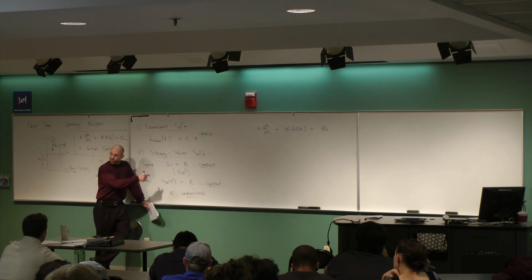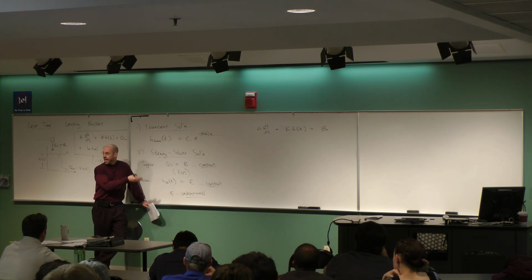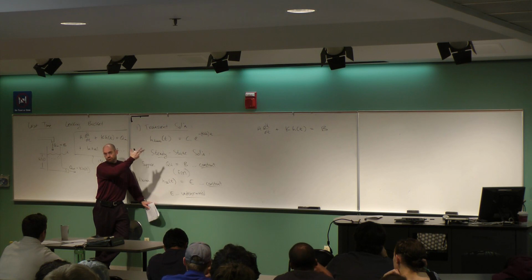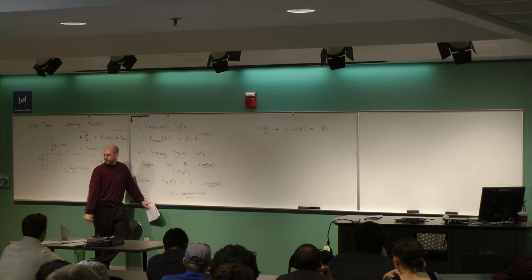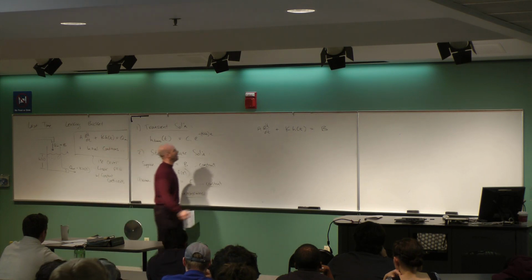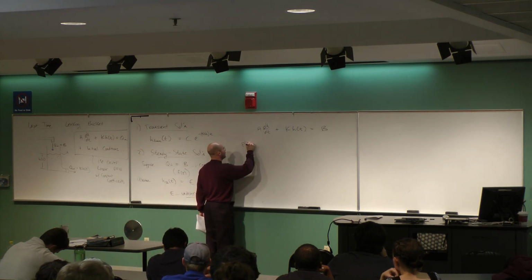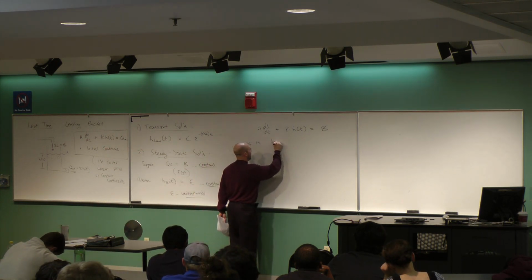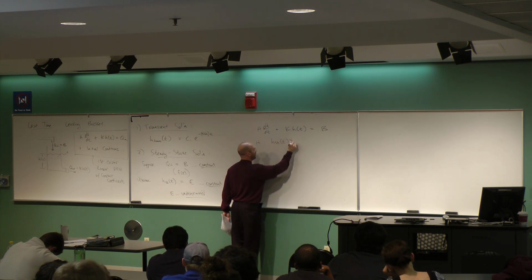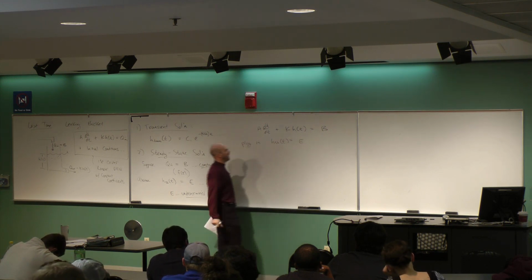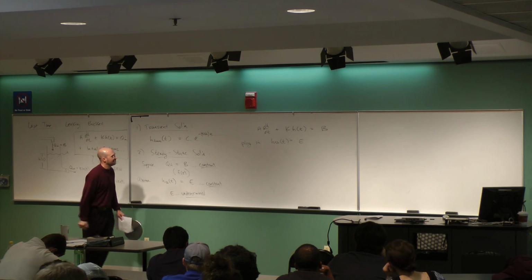Yeah, so you take the assumed steady state solution and you see what E has to be in order to satisfy that equation. That's it, right? There's no other way to figure it out except plug it in. So I'm going to now plug in h steady state of t is equal to E. As a function of time, it's just a constant value.